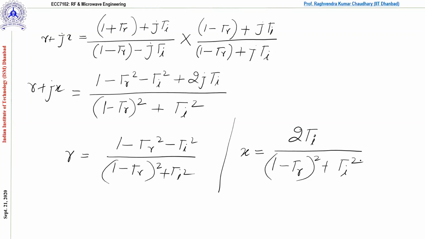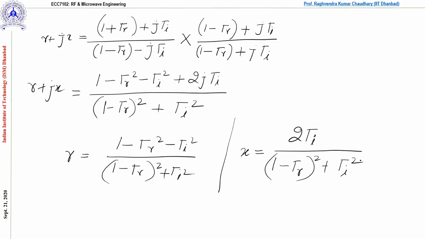Fine. So now the thing is, we have written here the normalized resistance and the normalized reactance in terms of the reflection coefficient, and particularly in terms of the real and the imaginary parts. Fine.